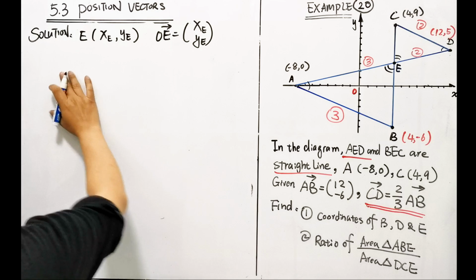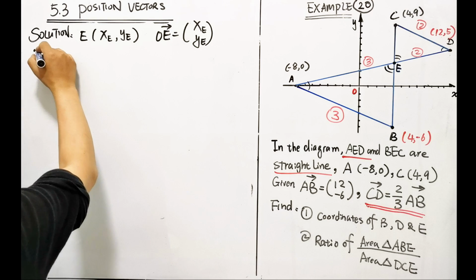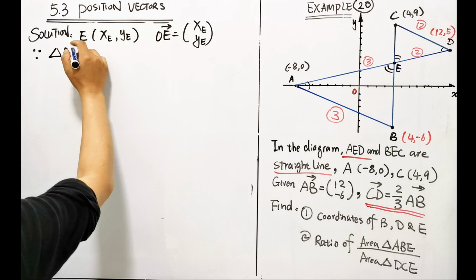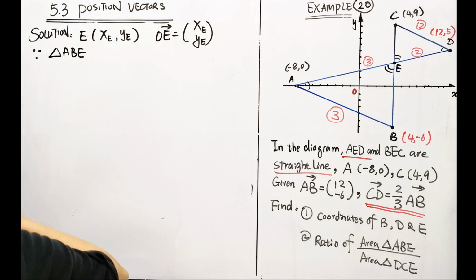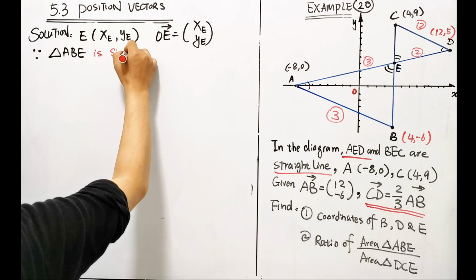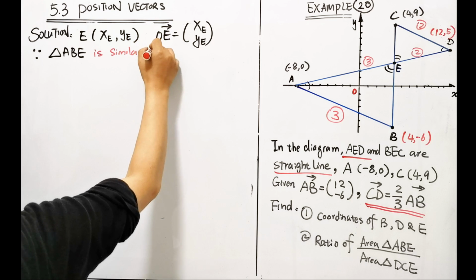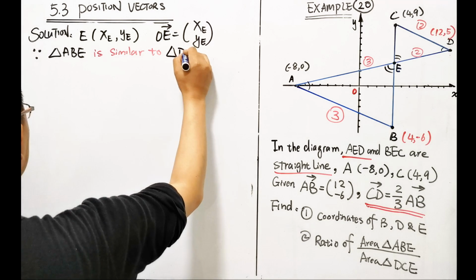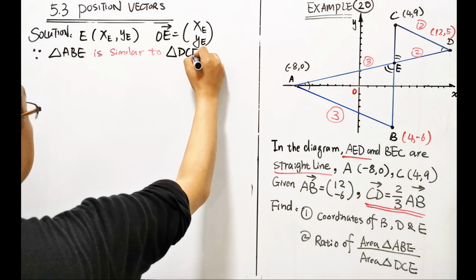Since we already know that triangle ABE is similar to triangle DCE, right?